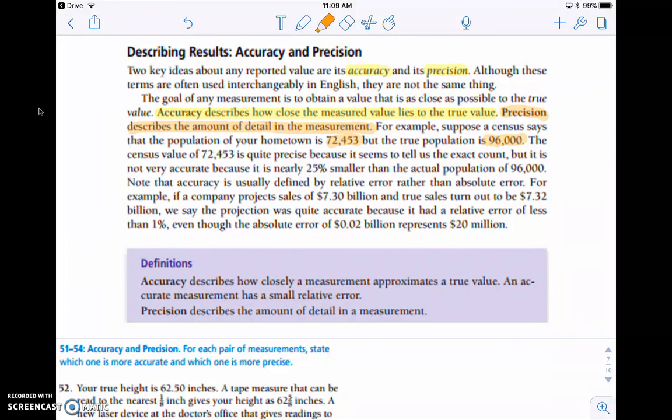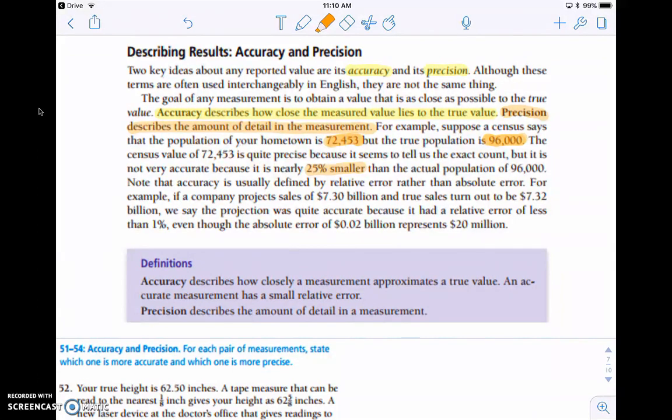However, it's not very accurate because it is nearly 25% smaller. I mean, it's way off. 72,453 compared to 96,000, accurately speaking, it's quite a ways off, but the number that we're originally given, 72,453, is very precise.